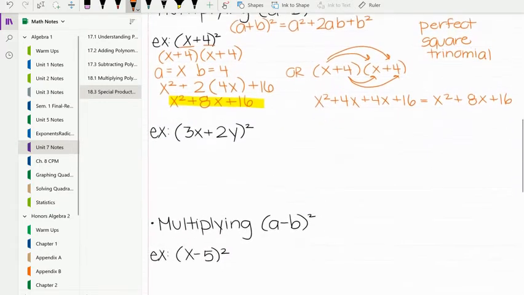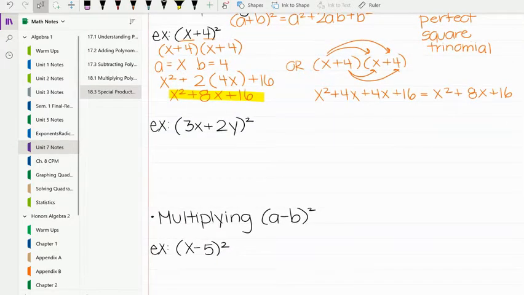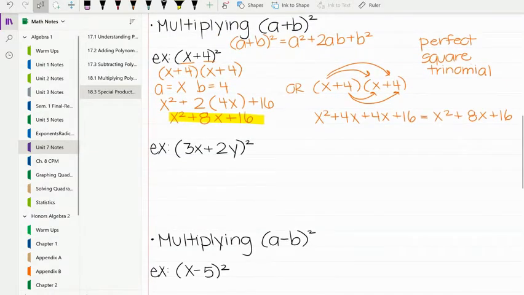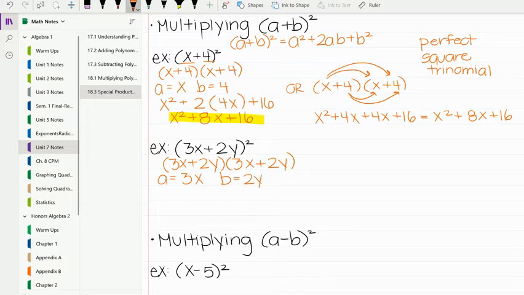Let's take a look at another example. We have (3x plus 2y) squared. Again, what this really means is (3x plus 2y) times (3x plus 2y). If we identify our a and our b, our a would be 3x and our b would be 2y.